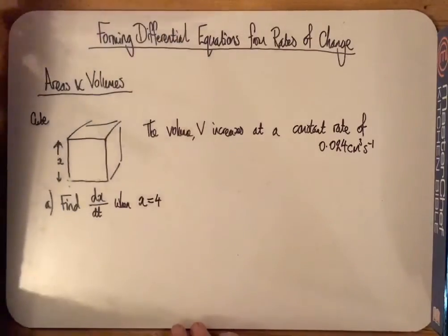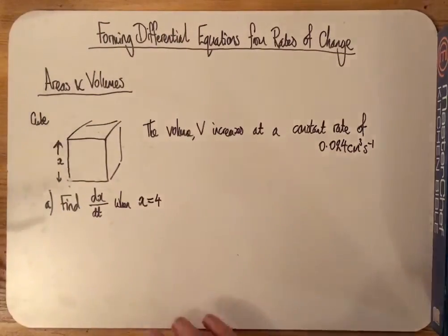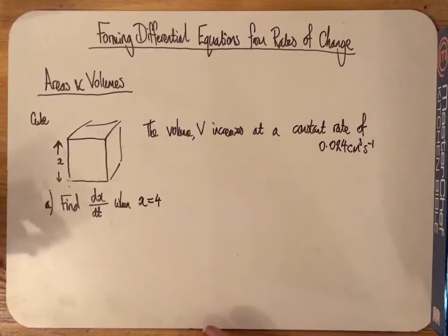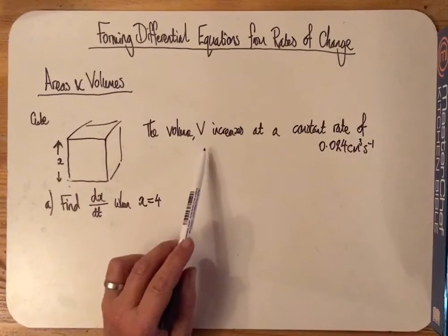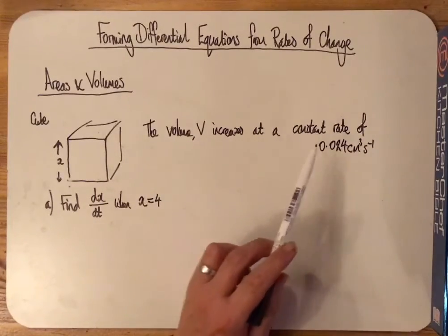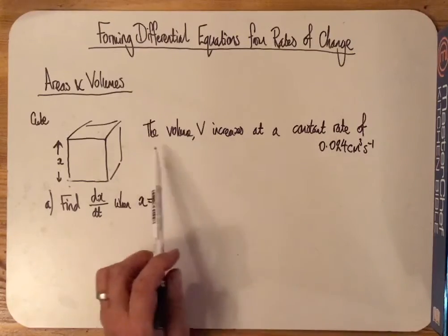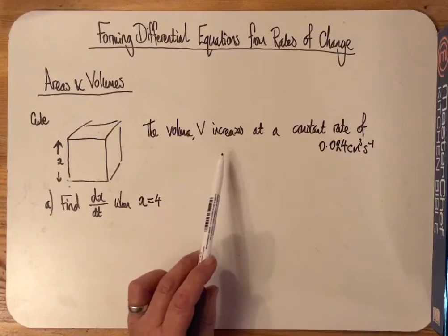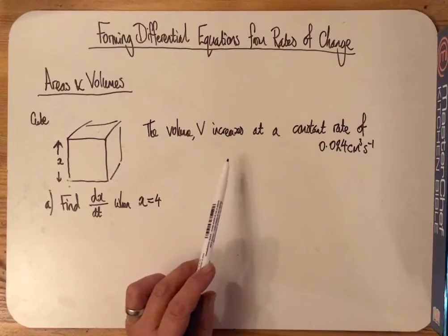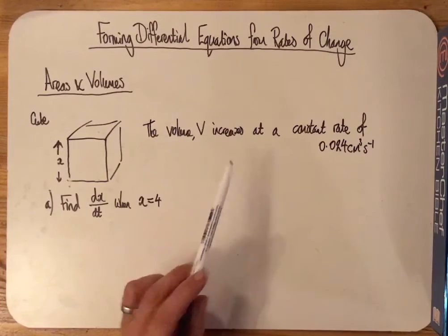This is really similar to what you did before, but you just need to do a little bit more work with it. Whenever you're looking at a rate of change, this is talking about how quickly the volume is increasing with respect to time.